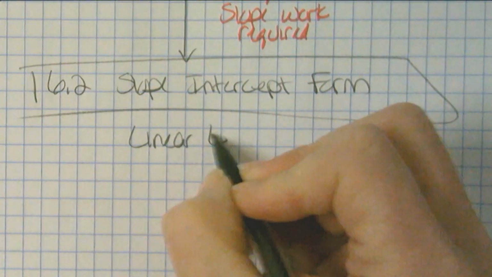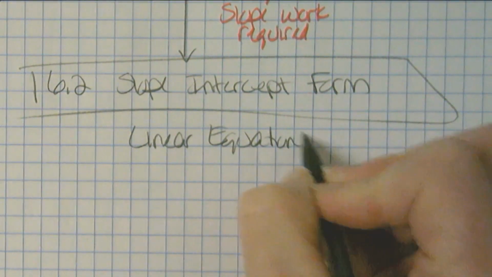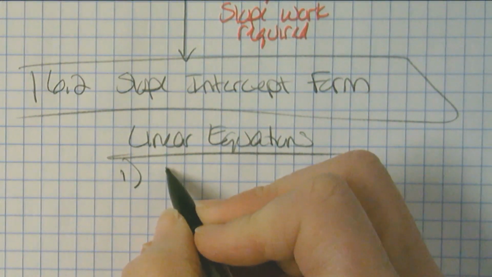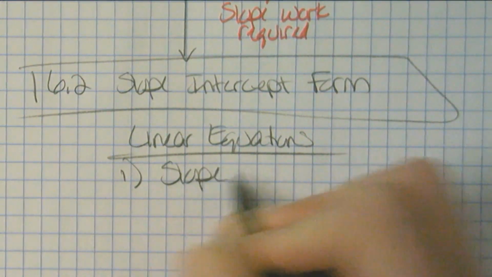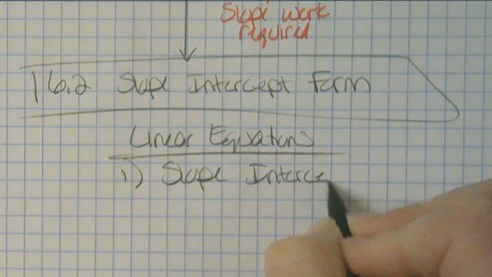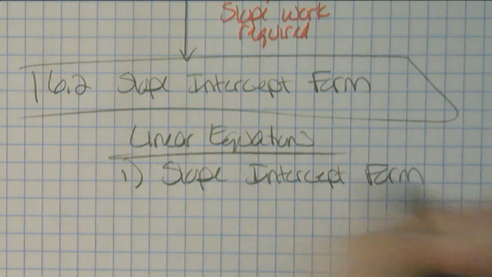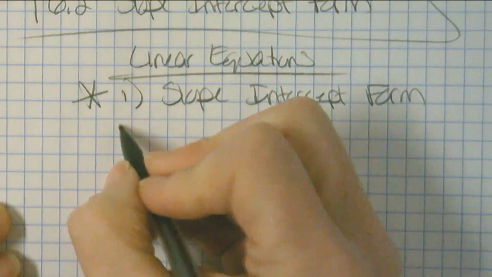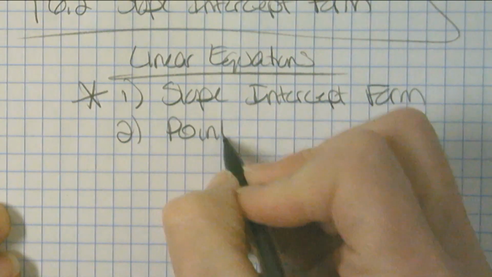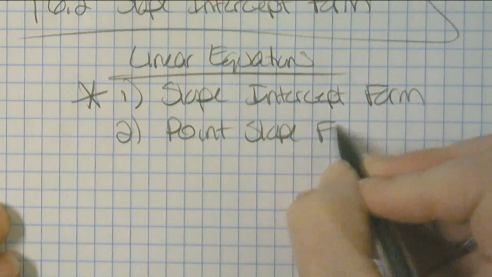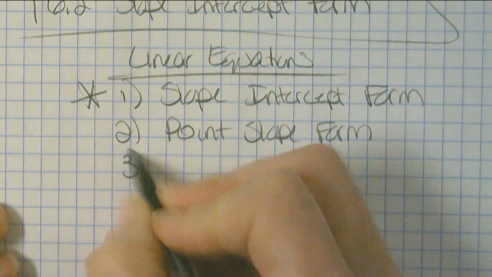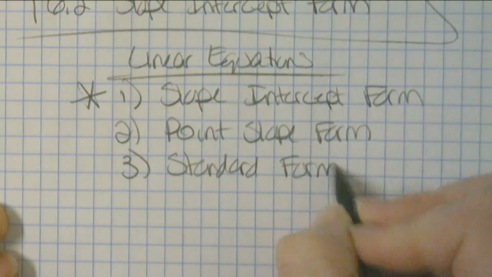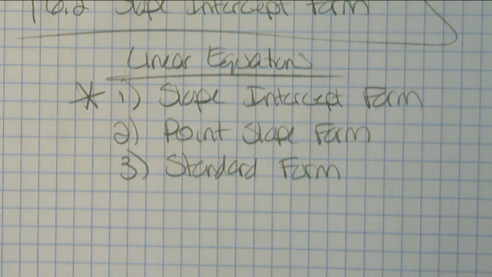We're starting our linear equations. The first type of linear equation is called slope-intercept form. That's what we're going to be talking about today. The second form is called point-slope form. The third one is called standard form. We will get to each of these individually. We're just going to start with slope-intercept form first.